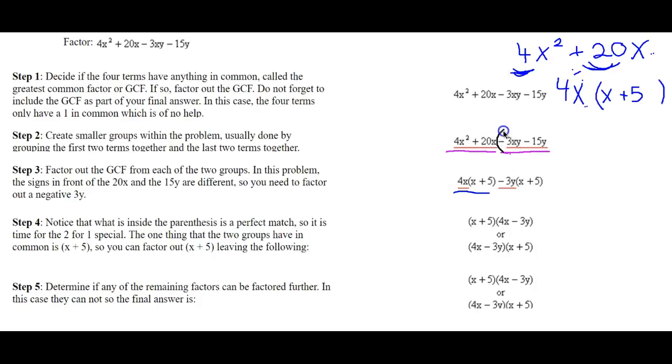Now let's factor the second group. Negative 3xy minus 15y. Oh, that's a good one too. Again, I do not need to sit here and prime factor 3 because 3 is a prime number. So basically, you can't do any more factoring for 3. 15 can be factored into 5 times 3.